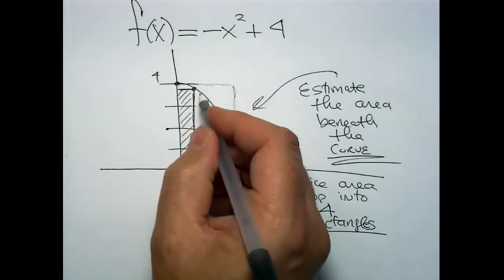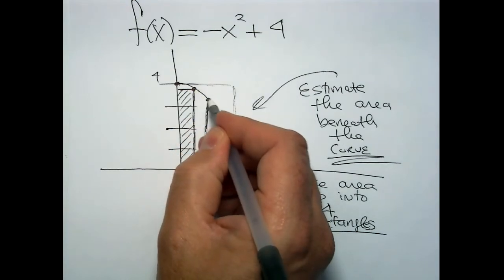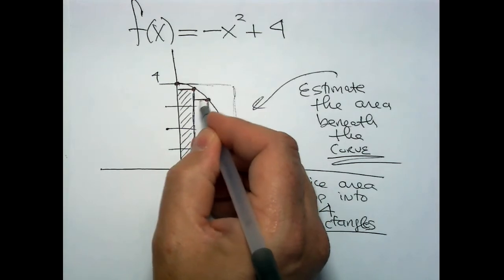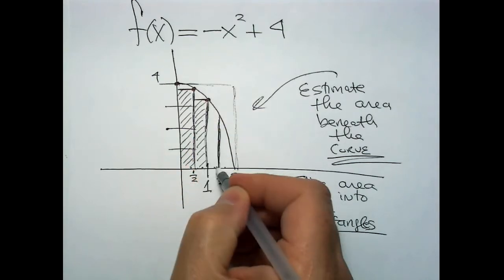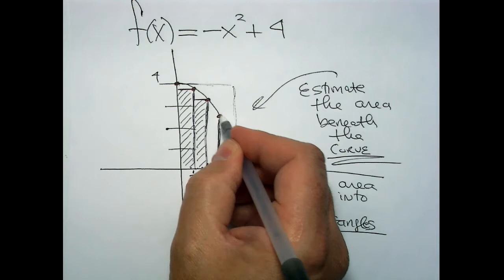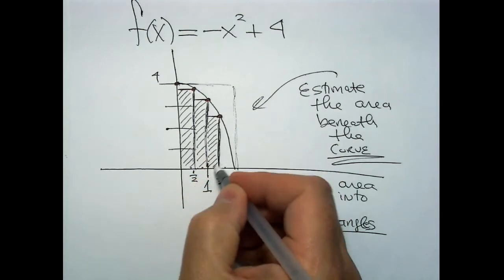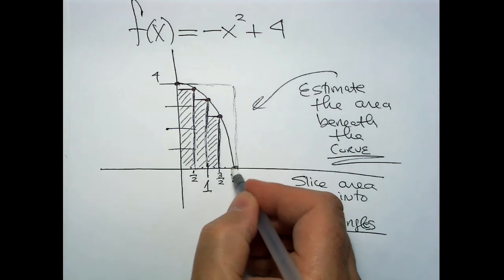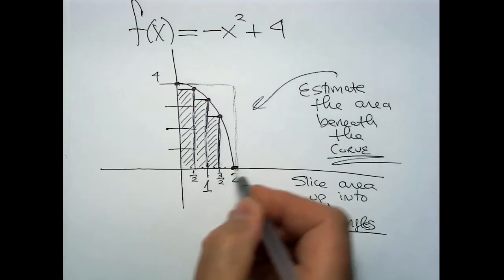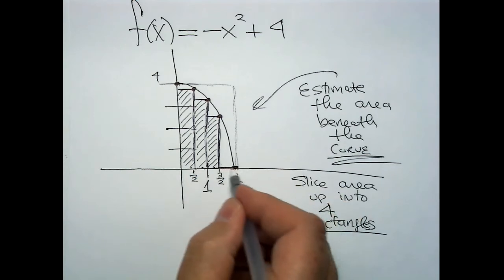In the next interval, we'll pick the rightmost, or lowest, y value and make a rectangle. This one here, we'll pick the rightmost and make a rectangle. And finally, this one here, the rightmost y value is 0, so we don't really get a rectangle on that one.